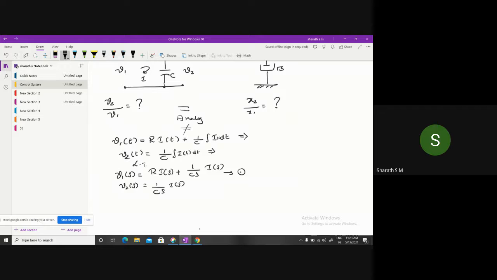So we need to find out the transfer function. So label these two as equation 1 and 2. So divide equation 2 by 1. So V2 of s divided by V1 of s. That's the transfer function. So take I of s as a common factor here.